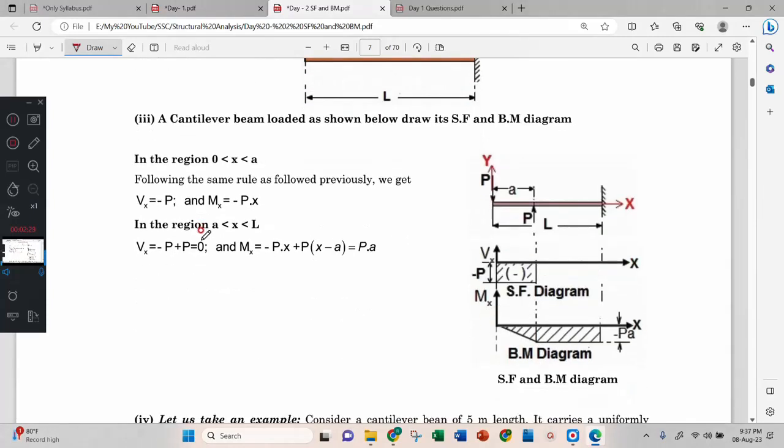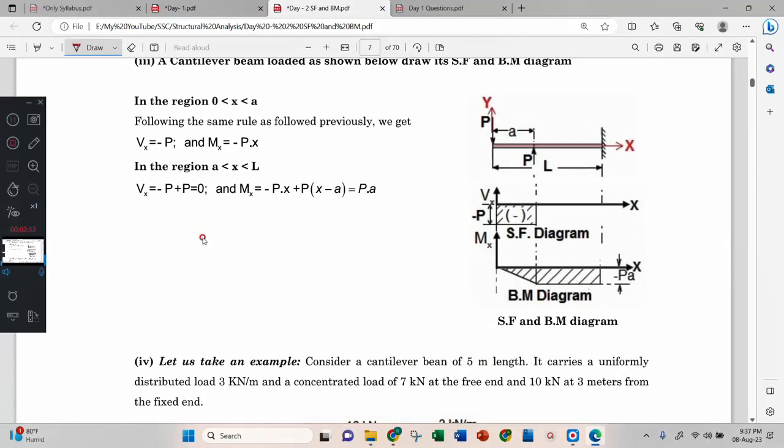Next, interesting. See here which type of beam they have given. One force P here, one force P here. P and P. For this shear force diagram is, look at here. This arrow says come down.